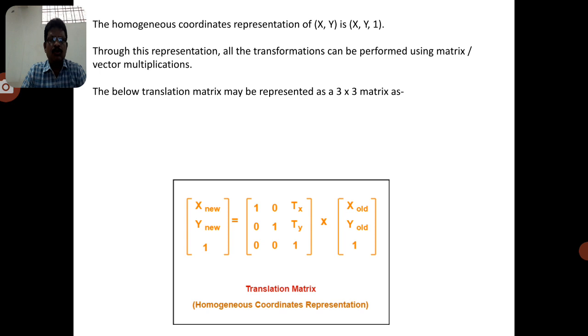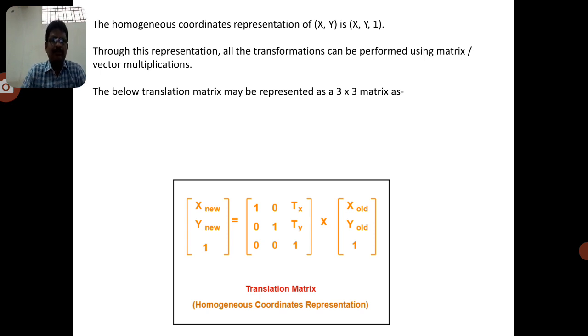Now coming to the homogeneous coordinates representation. For the homogeneous representation we take a 3x3 unity matrix, that is 1 0 0, 0 1 0, 0 0 1.